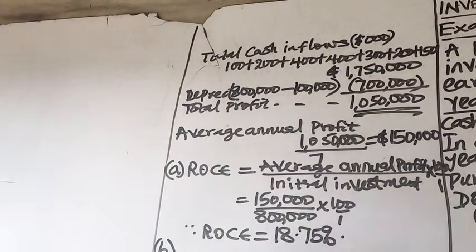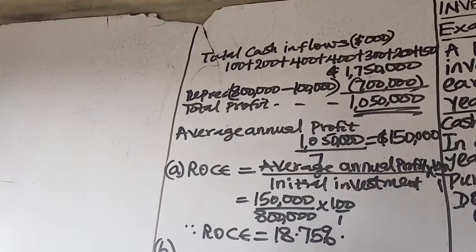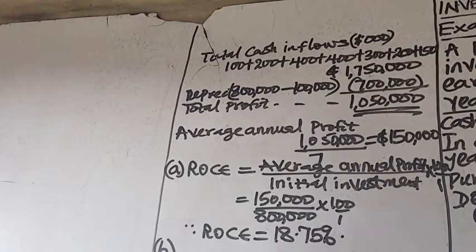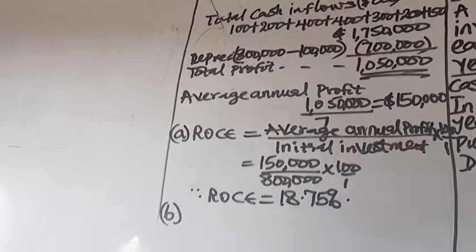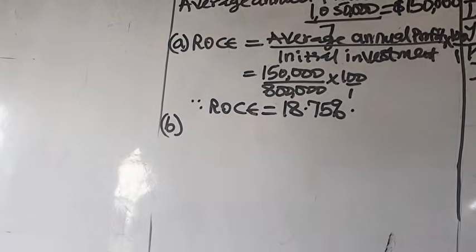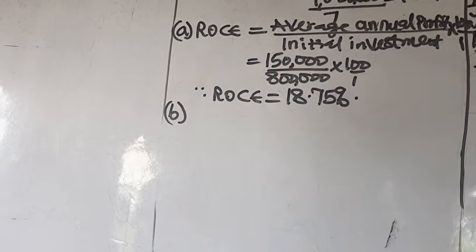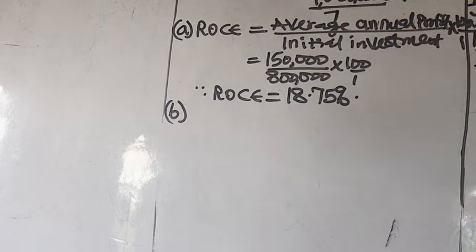For B, you have to calculate the ROCE calculated on the average capital investment.